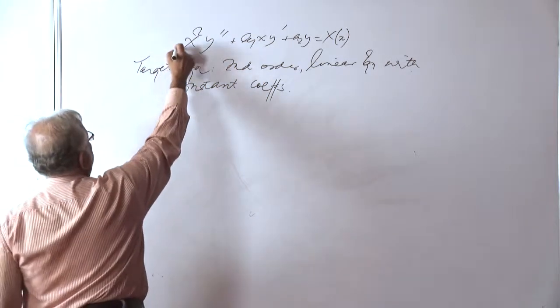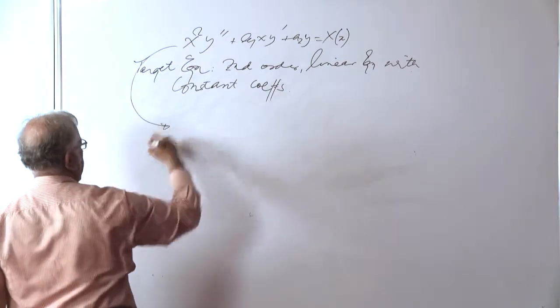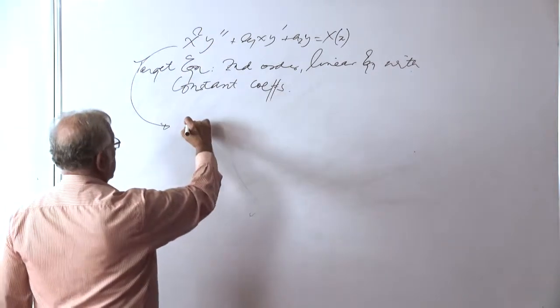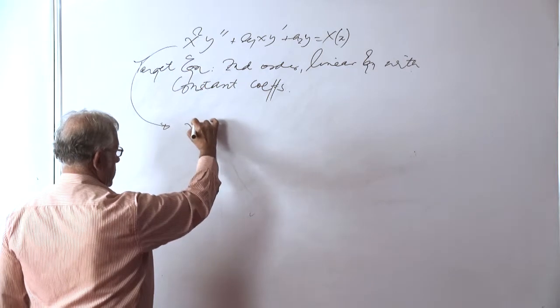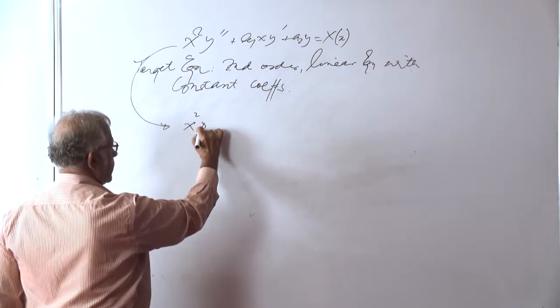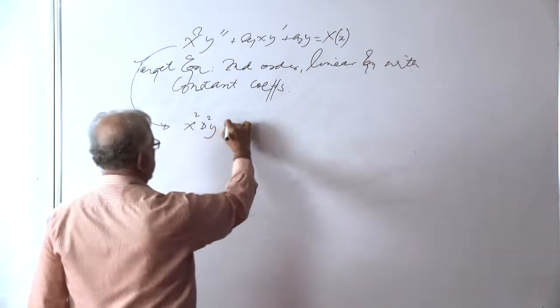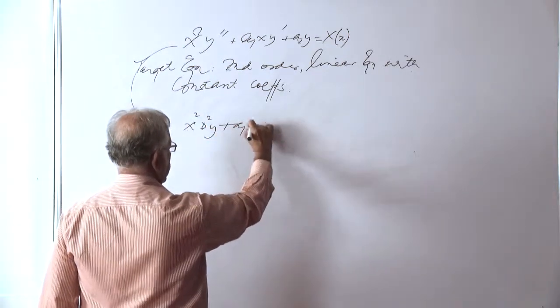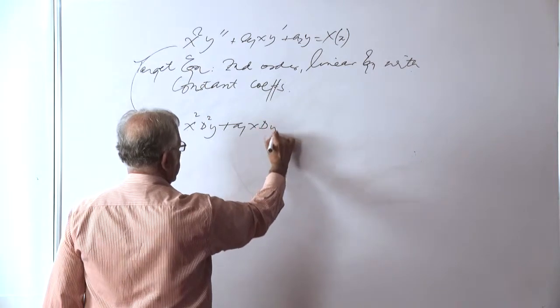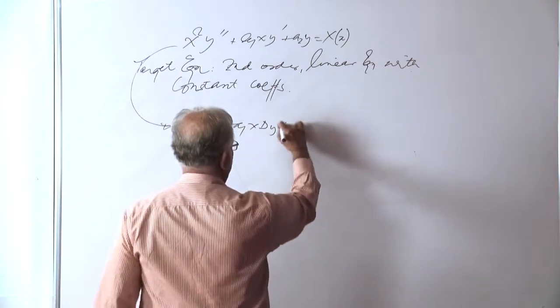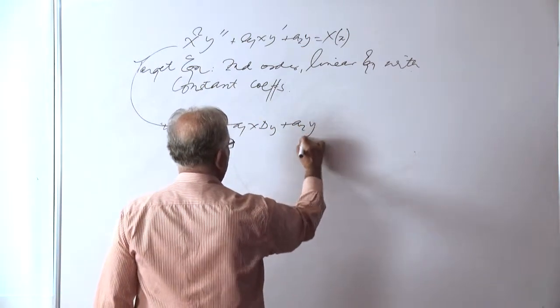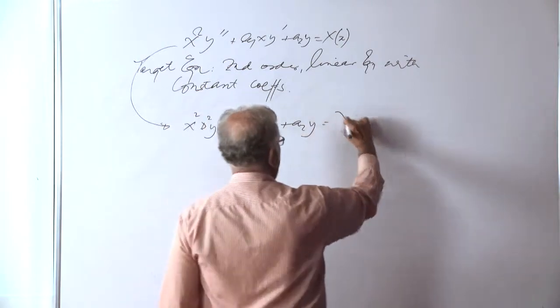In fact, the D operator allows us to write this as x square D2 y plus a1 x Dy plus a2 y is a function of x.